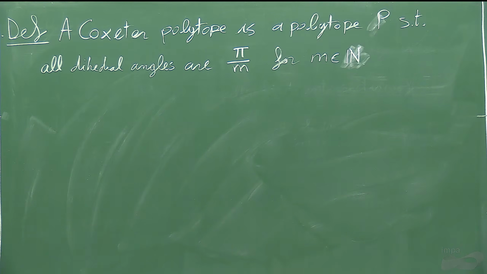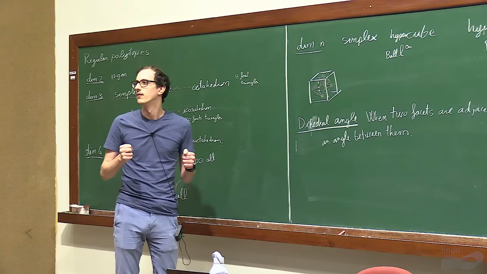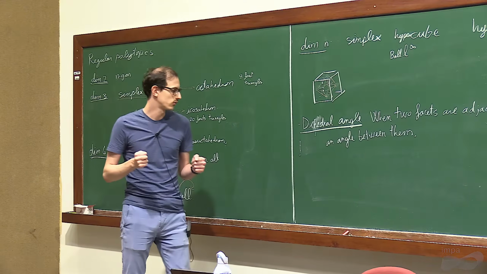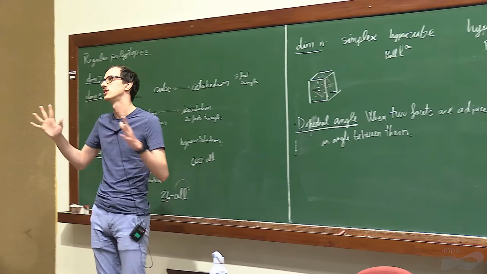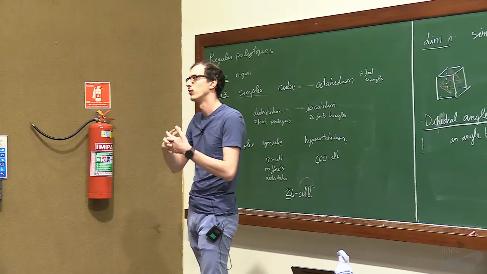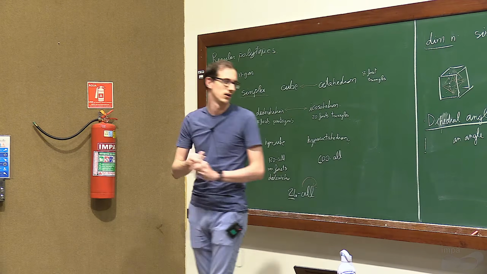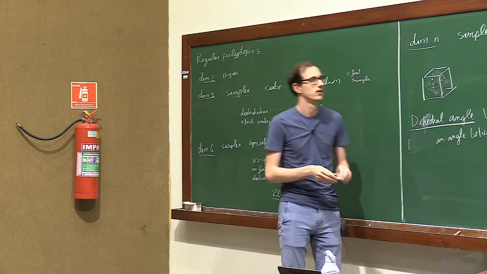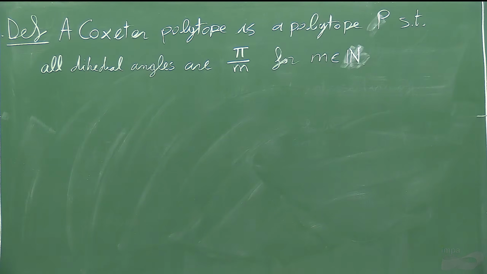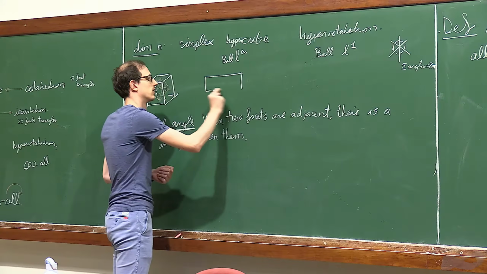It depends. In Euclidean space, it's not true: you can just take a rectangle and a square.